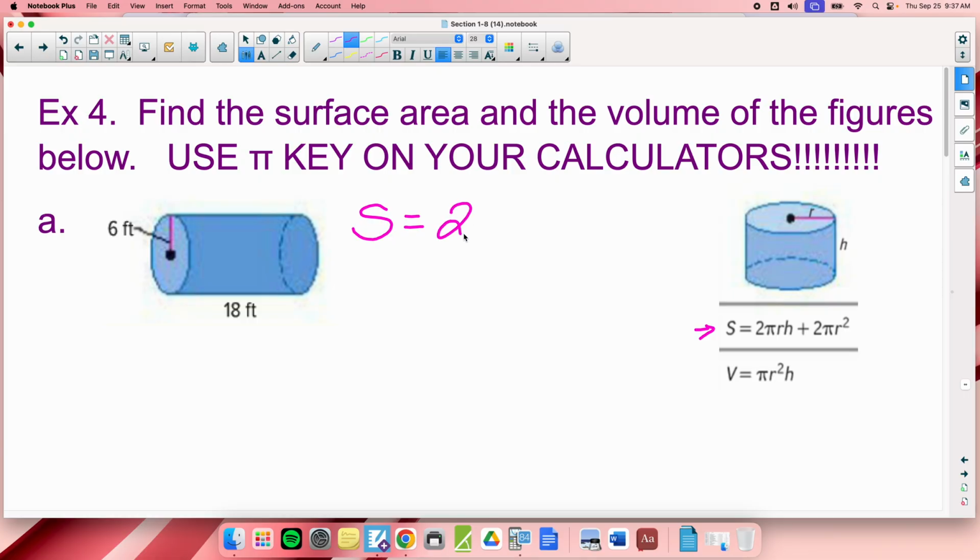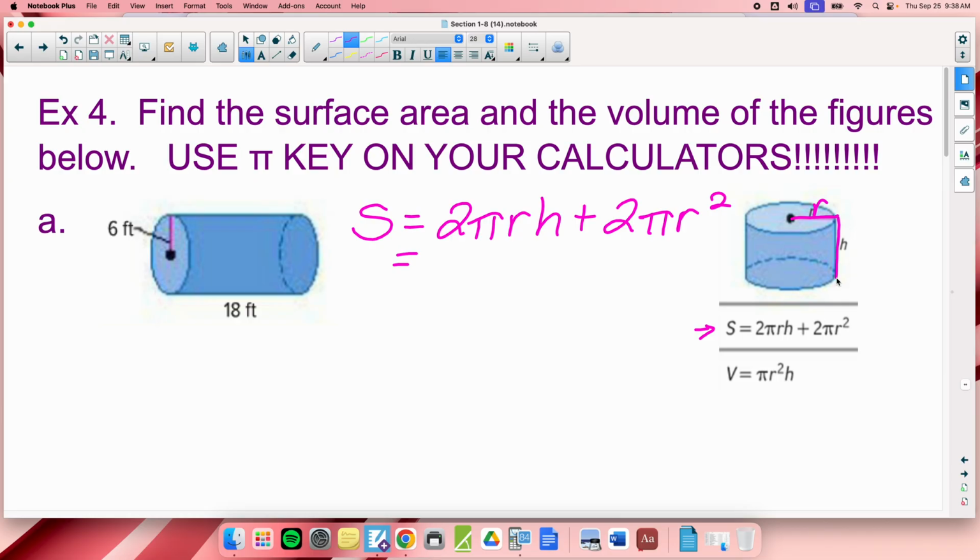So it's 2 pi r h plus 2 pi r squared, okay? So here's what we do. In a cylinder, they have to tell you 2 things. One is the radius of the circle on top or bottom, which is right here. That's our radius. And the other is they have to tell you the height or how tall your cylinder is, okay?